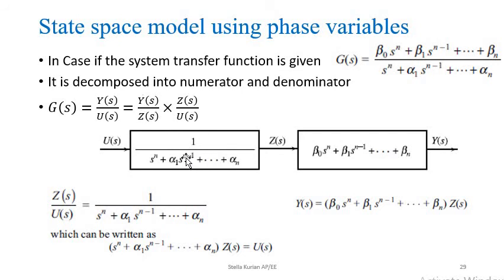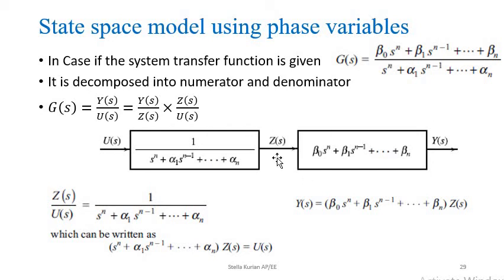Now you can consider it as two different transfer functions. Z of s by U of s will be 1 by the denominator polynomial, s raised to n plus alpha 1 s raised to n minus 1, etcetera, plus alpha n. Similarly, the second transfer function can be written as Y of s by Z of s.